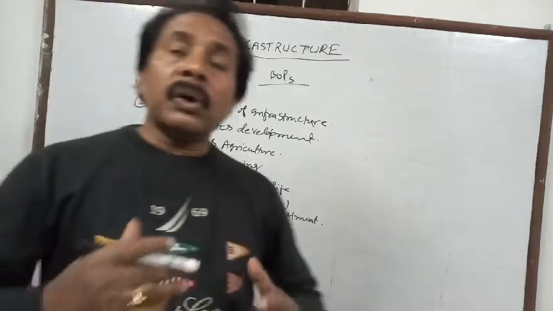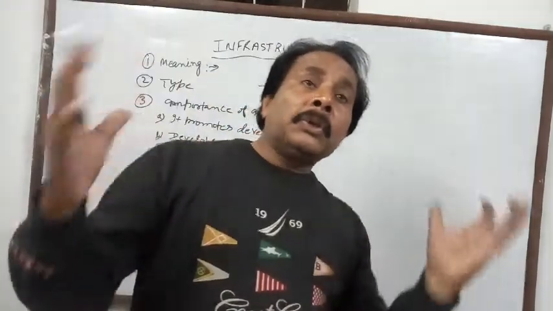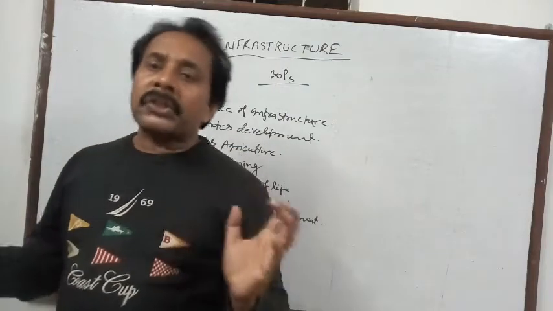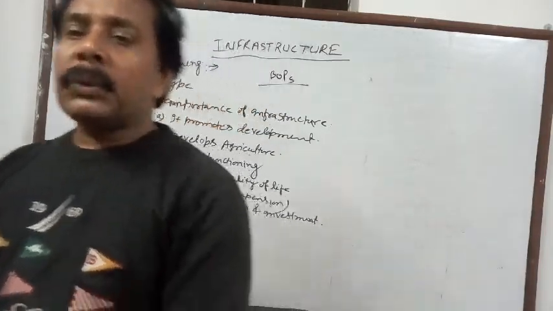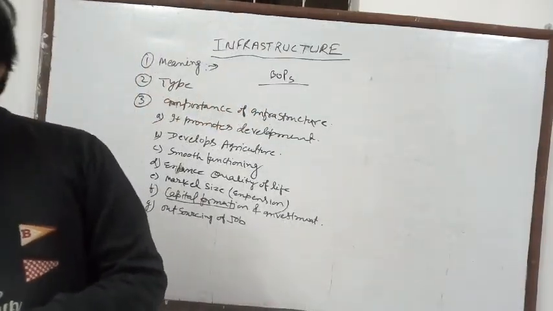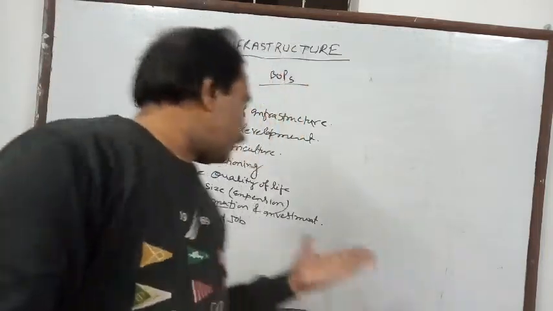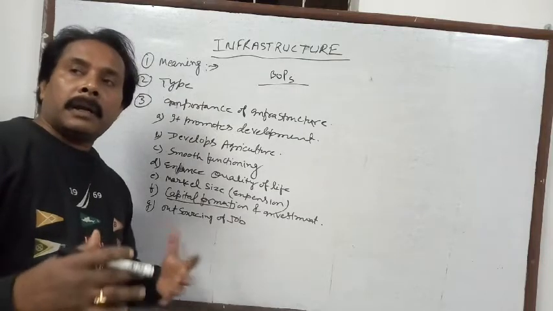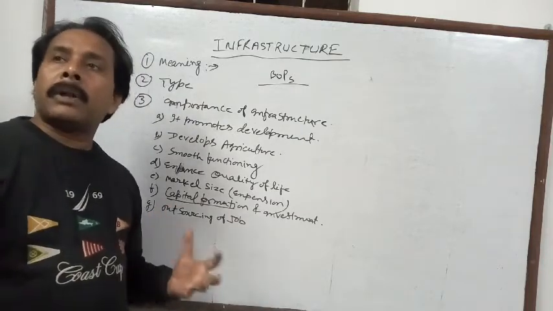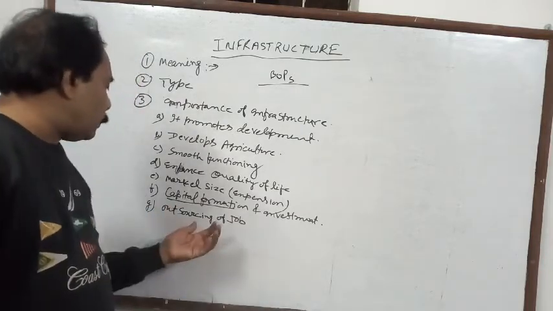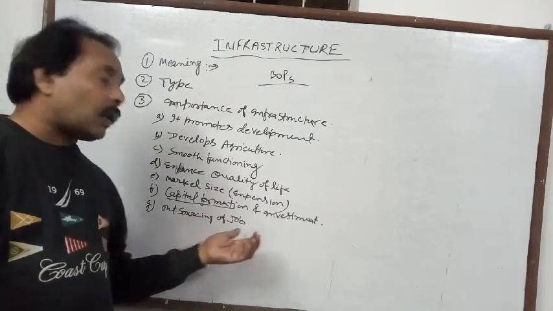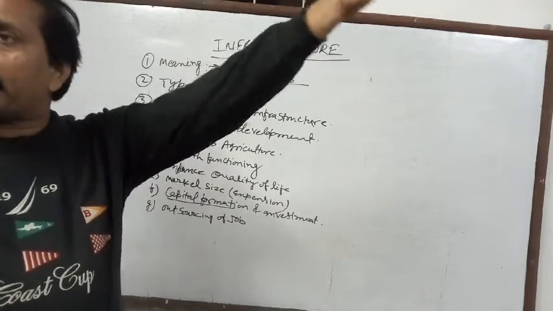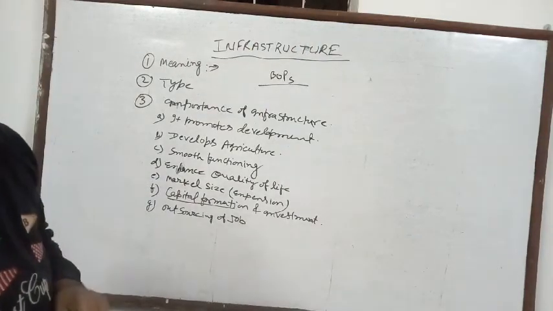This new economic policy has changed the outlook towards new areas of development. So in this way we can say that due to the revolutionary action of the IT sector, outsourcing of jobs has taken place from the developed countries to developing countries.